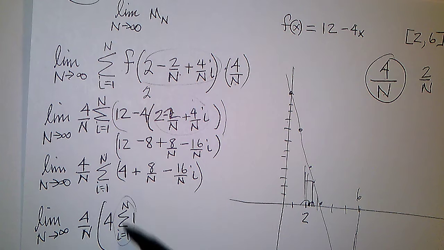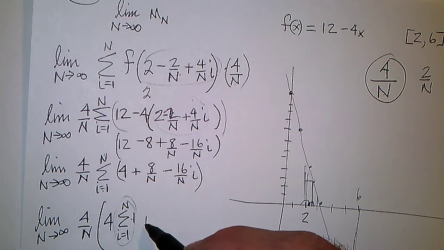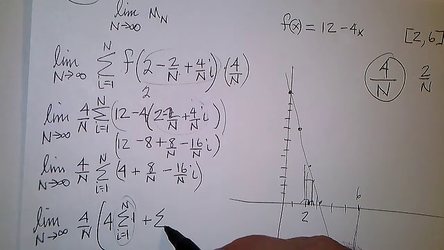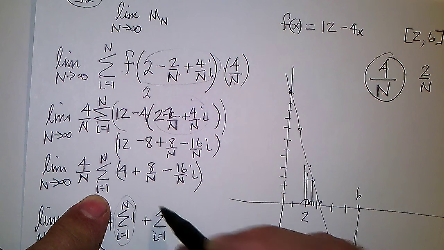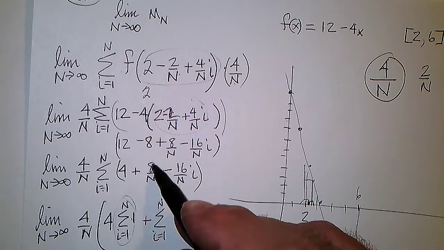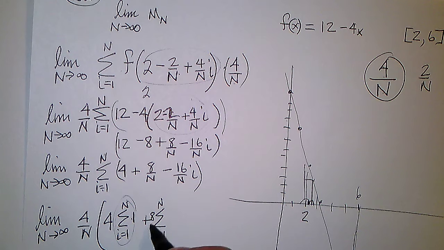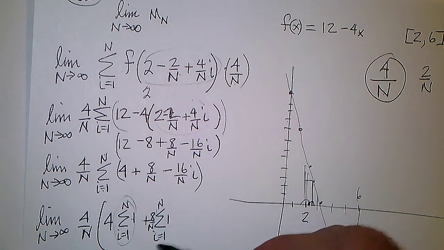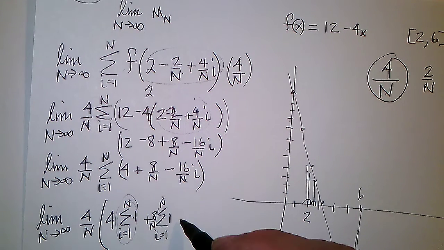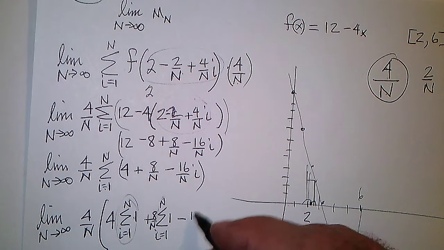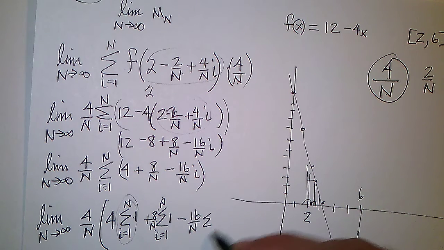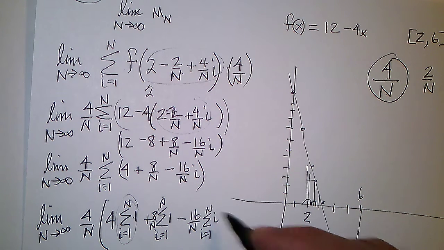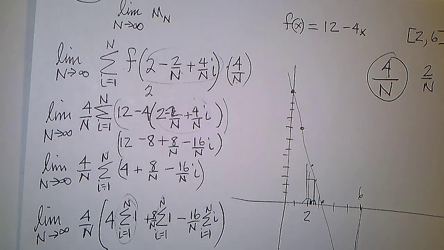Once again, that's n ones added, so this is just n times 4, plus the sum as I goes from 1 to n of 8 over n. There's no I, so I can take all that out, 8 over n times 1. And so this is just n, minus 16 over n times the sum as I goes from 1 to n of I. And we have a formula for that.